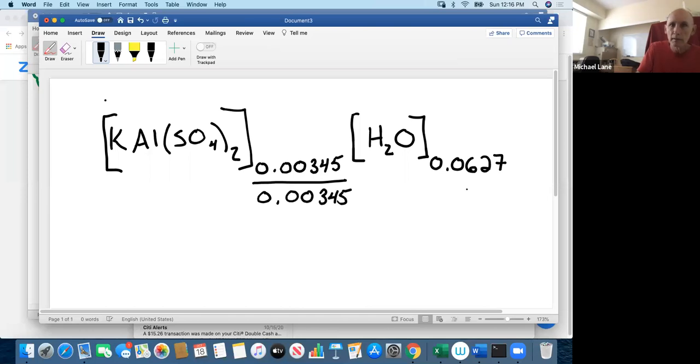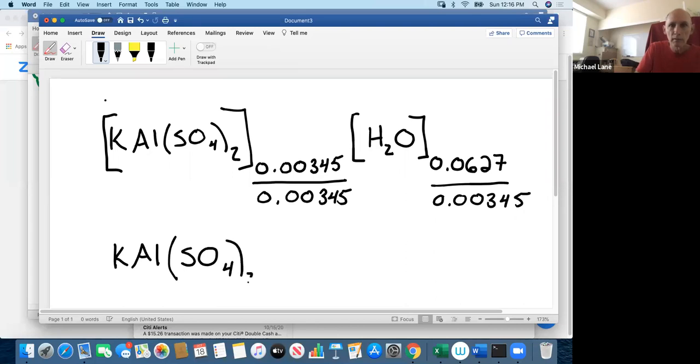I divide both by 0.00345. Obviously, the first term is just 1, which was what we were looking for. And for the water, let me do that division here.